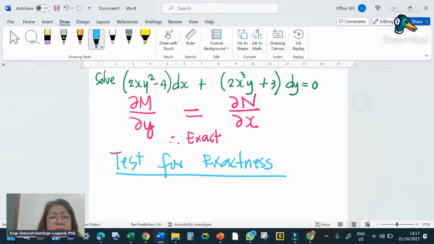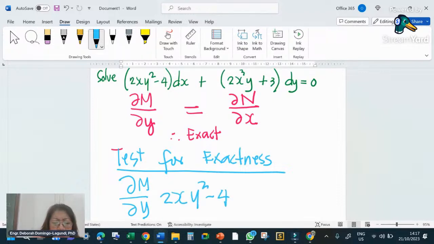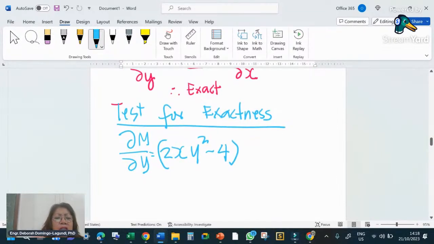Right. So, partial derivative of m with respect to y of 2xy squared minus 4. Okay, so y here becomes a variable. X is a constant.